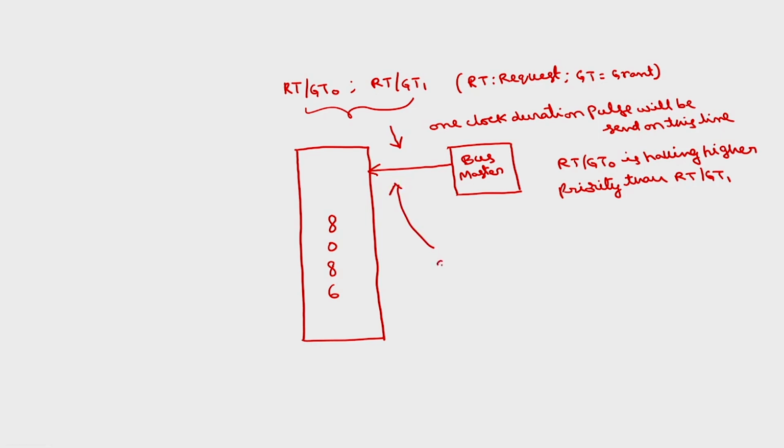using one clock duration pulse, saying that the 8086 is going to relinquish the system bus to the bus master. This is after the completion of the current bus cycle.